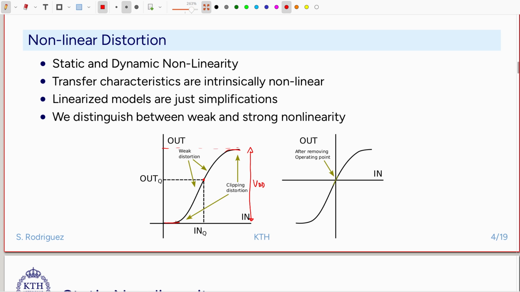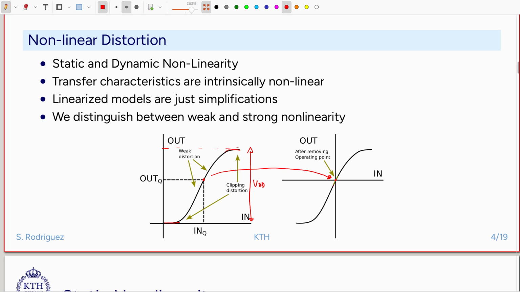Now for most of the analysis steps that we do during design, what we do is just move this curve to the origin. We remove the operating point, that offset, and then we just linearize the circuit around the operating point.